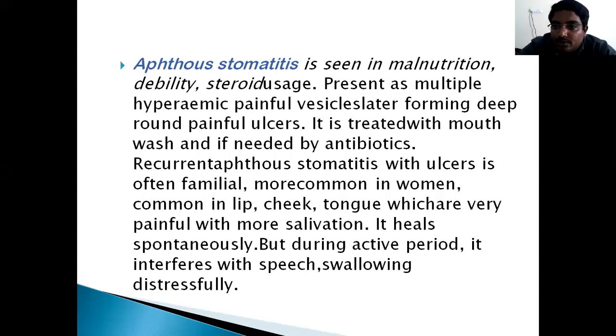It is seen in malnutrition and in those who have taken steroids, presenting as multiple hyperemic painful ulcers, which later become round, deep painful ulcers.